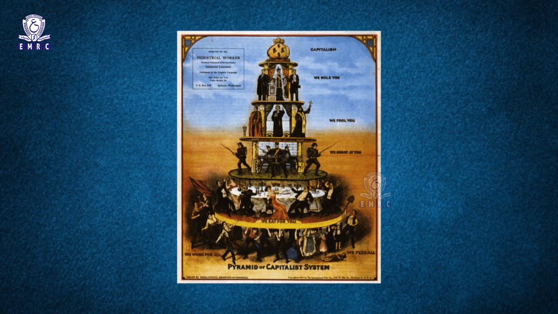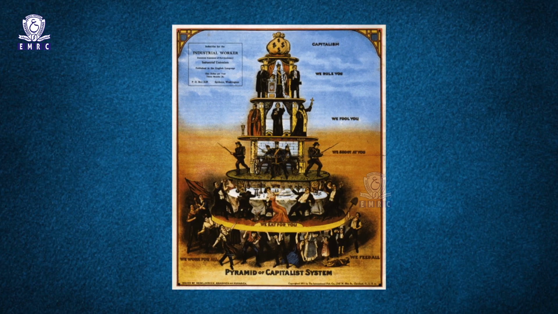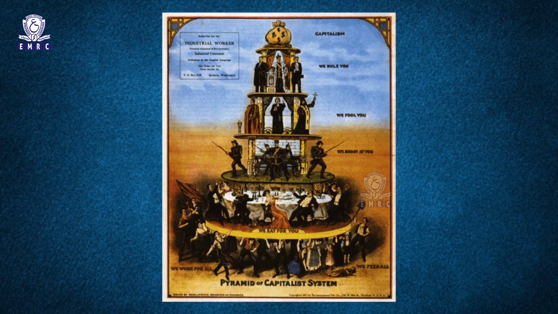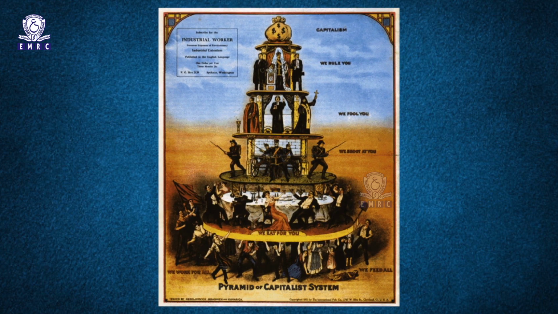Materialistic interpretation of history is another basic principle of Marxism. Marx applied the principles of dialectical materialism to the interpretation of history. As Marx has stated, economic conditions determine historical phenomena.